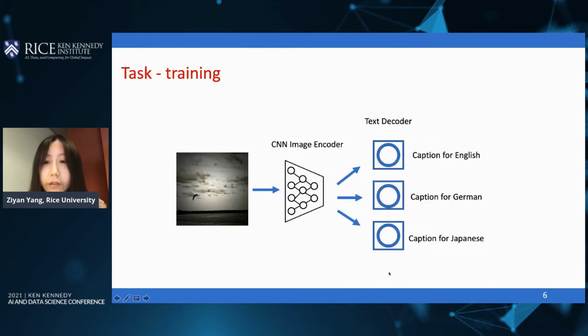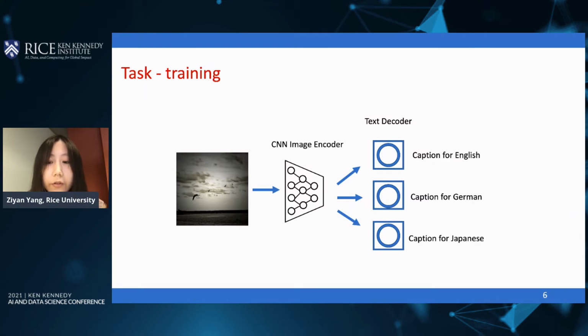Next, let me introduce the overview of our method. Here is a multilingual image captioning task for 3 languages: English, German, and Japanese. Each language has one separate text decoder. During training time, the CNN image encoder takes an image as input and generates image features.